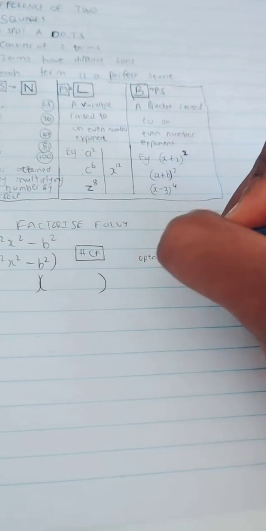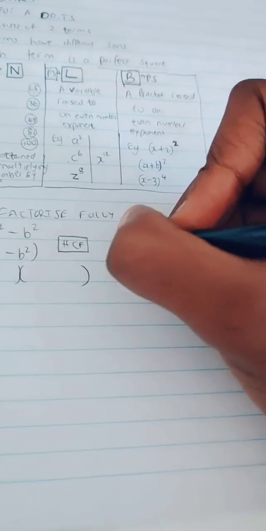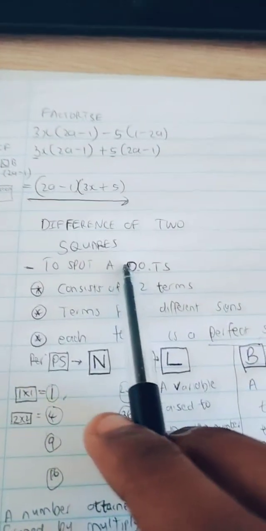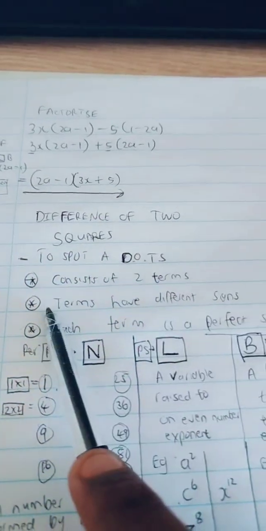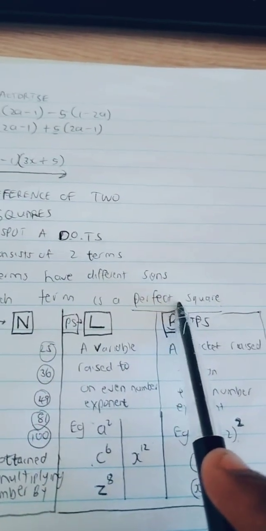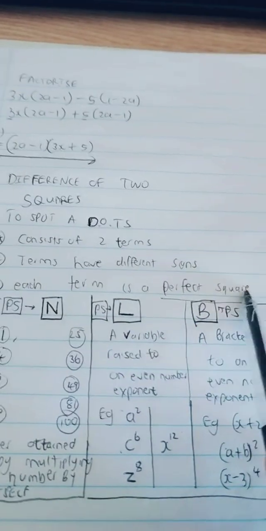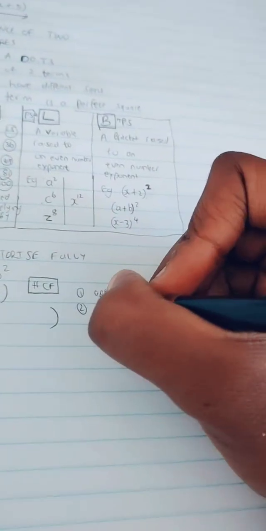Well, step number one, we open two brackets. Once you have arrived at the decision that one, the two terms have different signs, and two, each term in the expression is a perfect square, then you can go ahead and open two brackets. 1, 2.